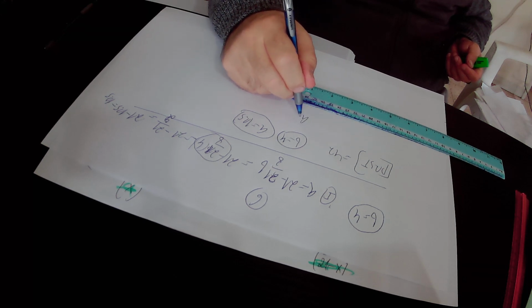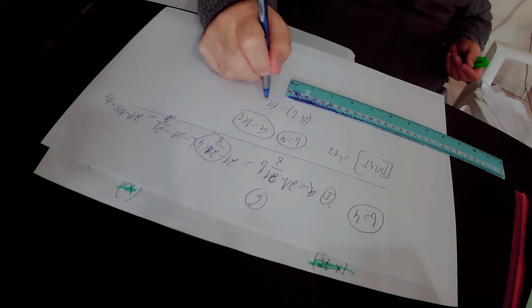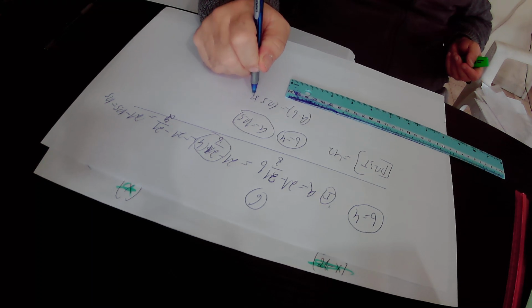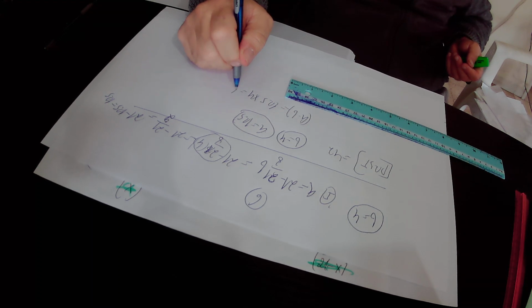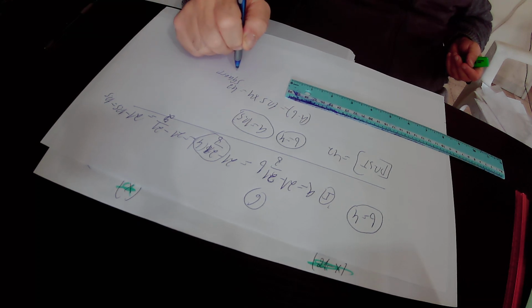A times B is the area of rectangle PQST: A is 10.5, B is 4, and 4 times 10.5 is 42 square units. Okay, so in the next step, we'll summarize the lecture.